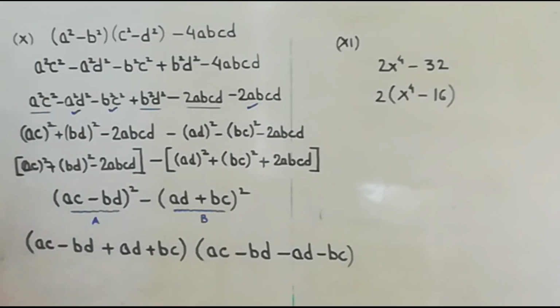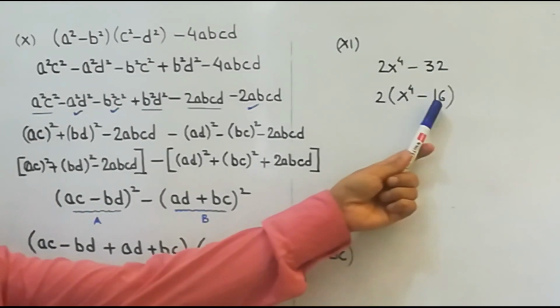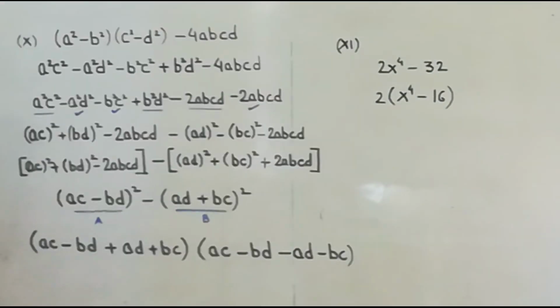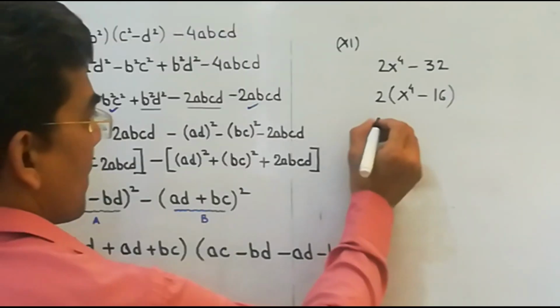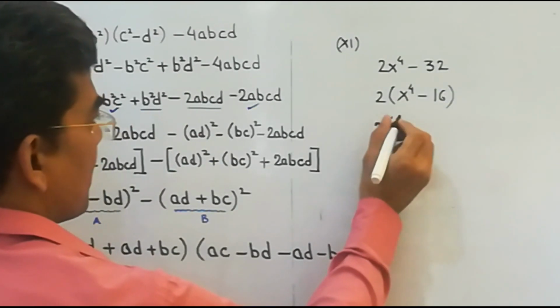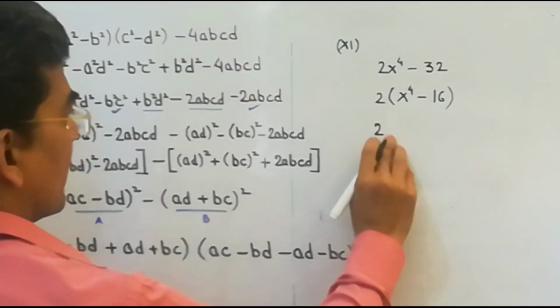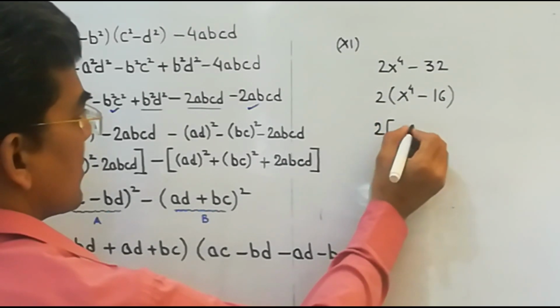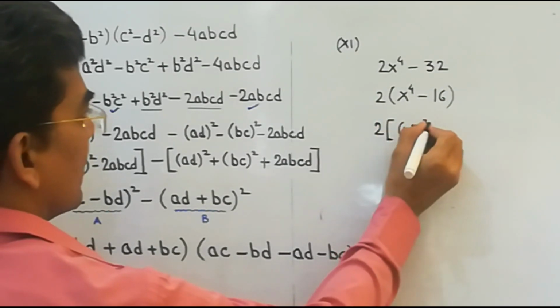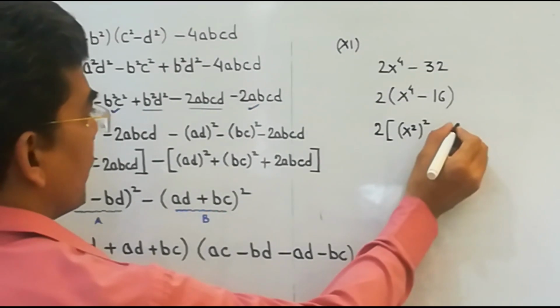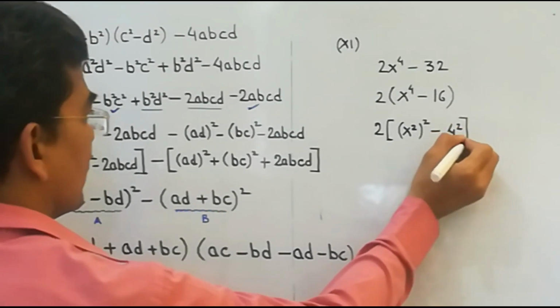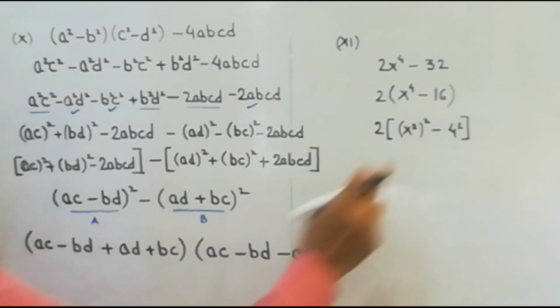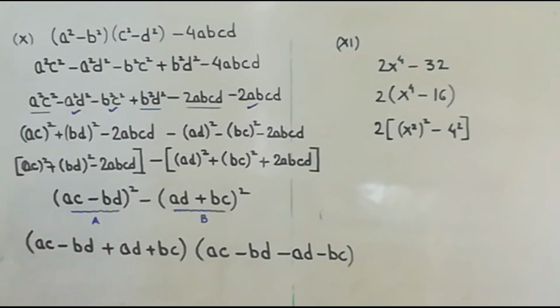Now the terms that you are left with, both of these terms can be converted into square form. This can be converted as x square whole square and this as 4 square.